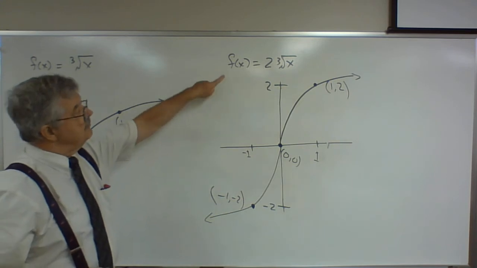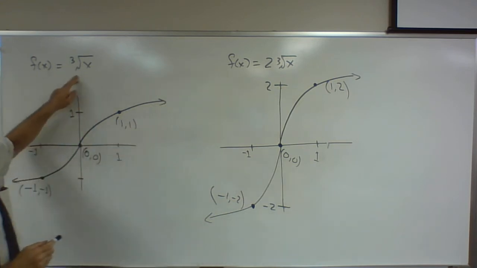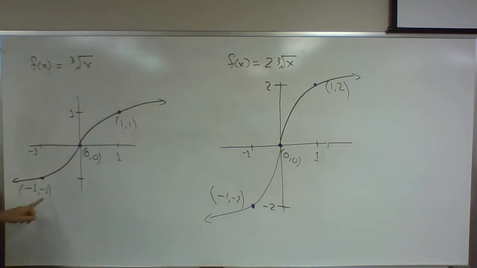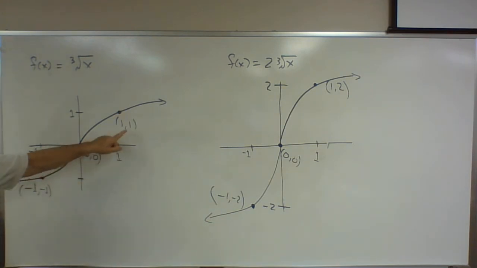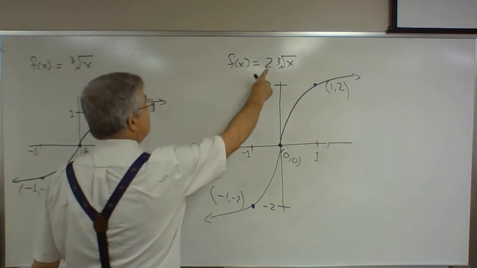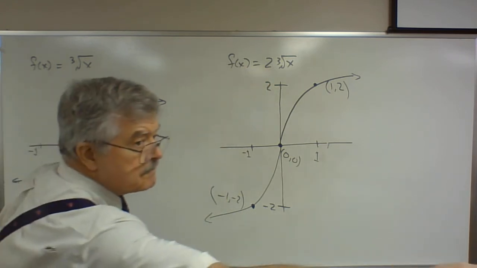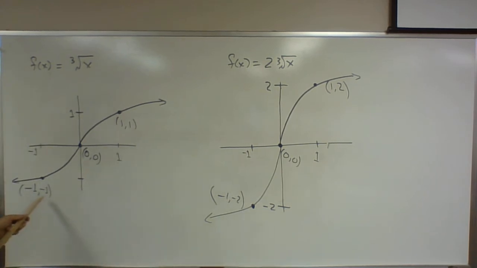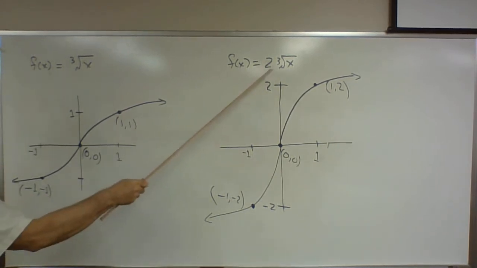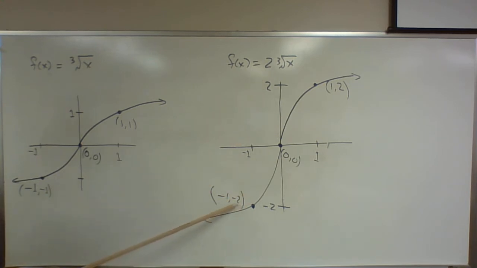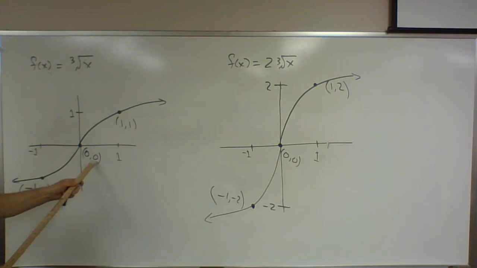And to get this graph from the original, we just take the y coordinates of every point on the original and we multiply them by this number. The y coordinate here is -1. So on this graph, we multiply it by 2. The y coordinate here is -2. The y coordinate of this point is 0.